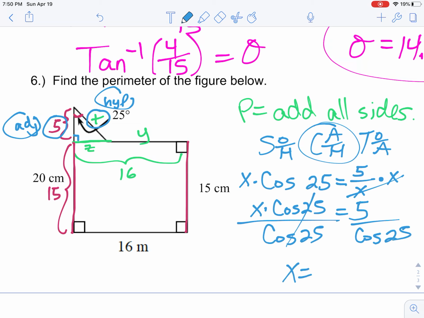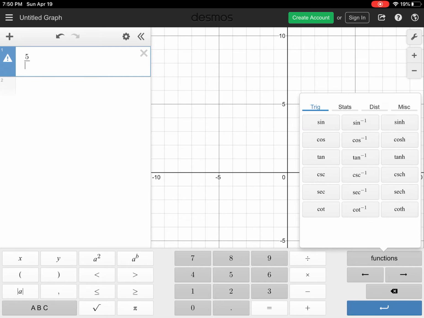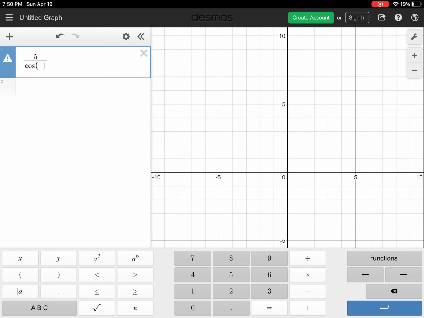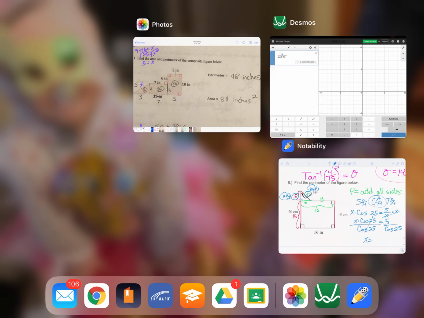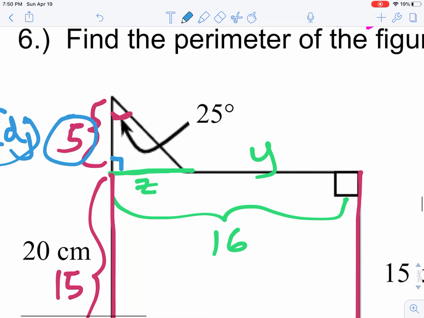And so now I want to use my calculator to do 5 divided by cosine of 25. And that will give us a length of 5.5. We'll round to the nearest tenth, 5.5. So x is 5.5. So I'm going to go ahead and get rid of that information that I have here and replace it with what I know.